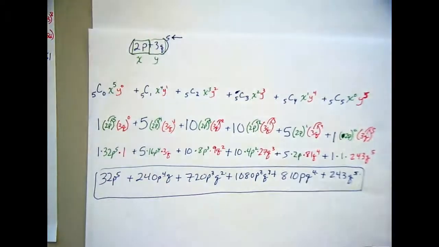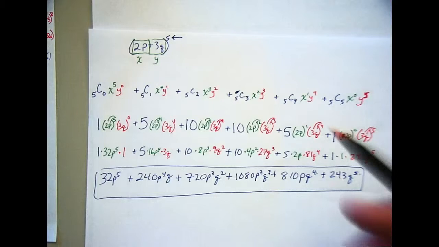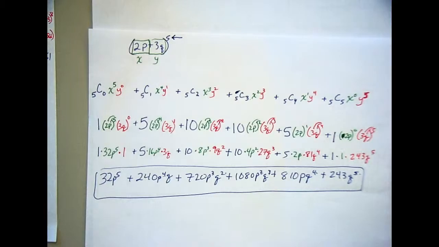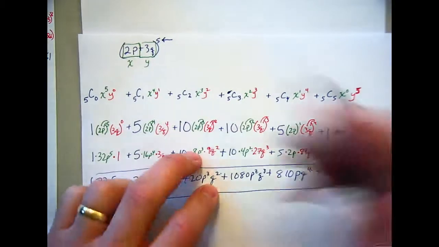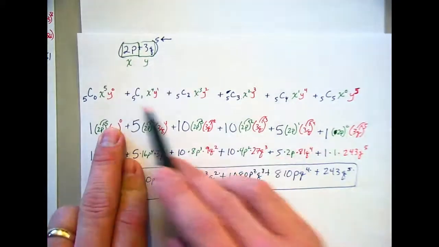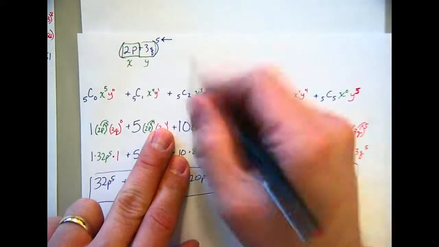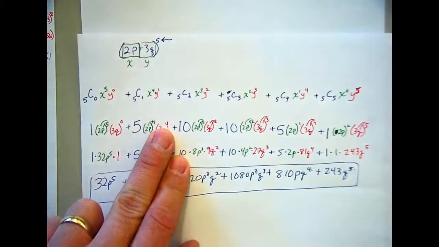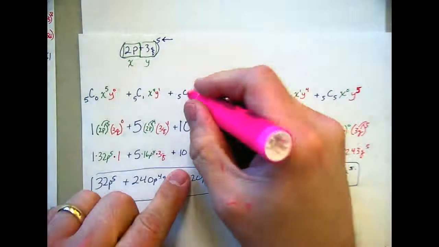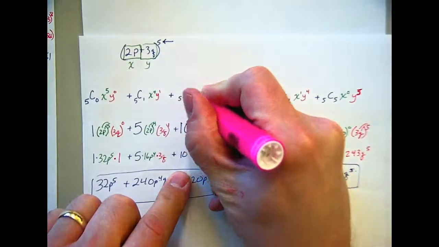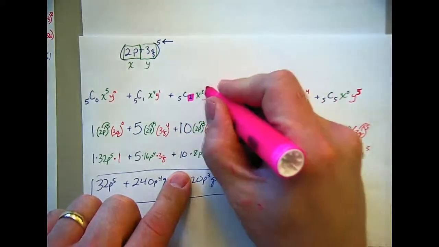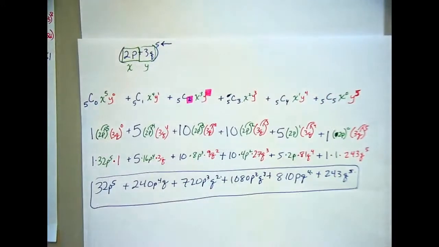And if I'm looking at, let's say on this one I want to find the third term. Okay, the third term, 1, 2, 3, has a C choose 2. Now I'm going to emphasize this number right here because that number and that number are the same.